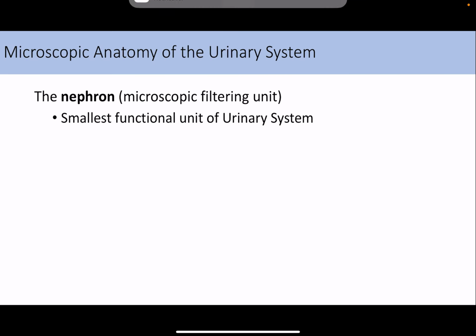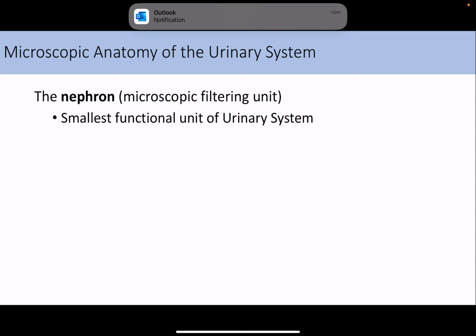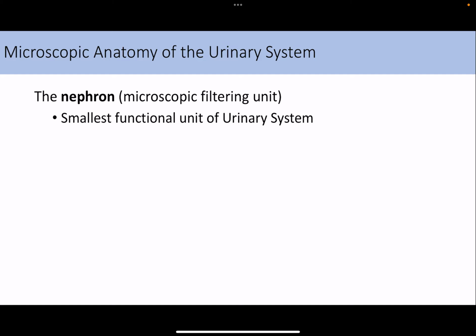Okay. The nephron is the smallest functional unit of the urinary system. Do you remember what the smallest functional unit of the muscular system was? Sarcomere. What was the smallest functional unit of your skeletal system? Starts with an O. Osteon.